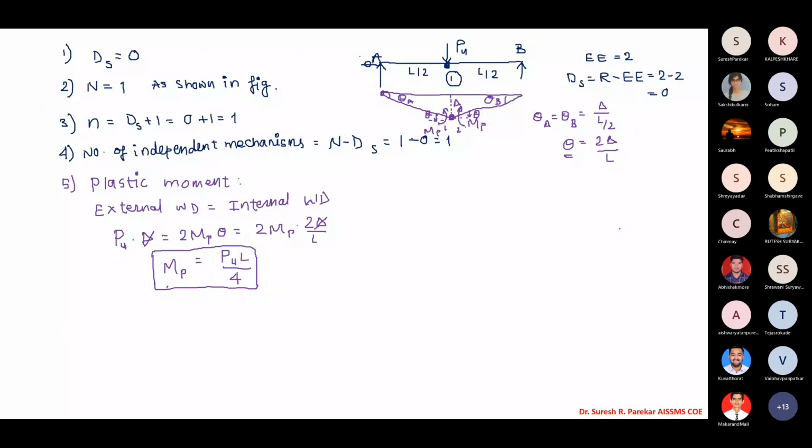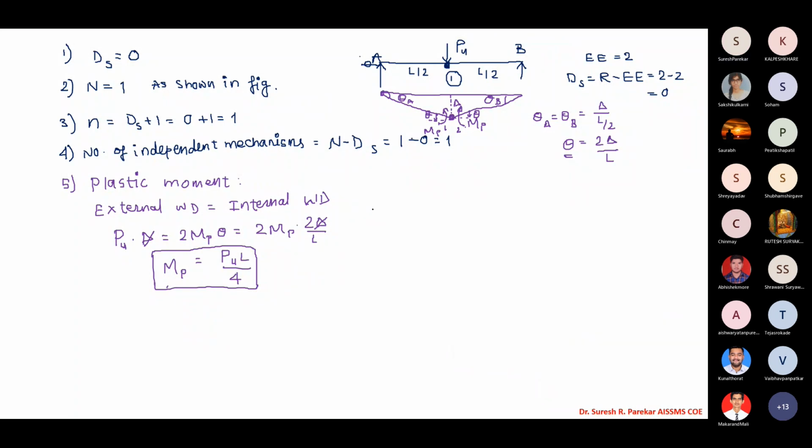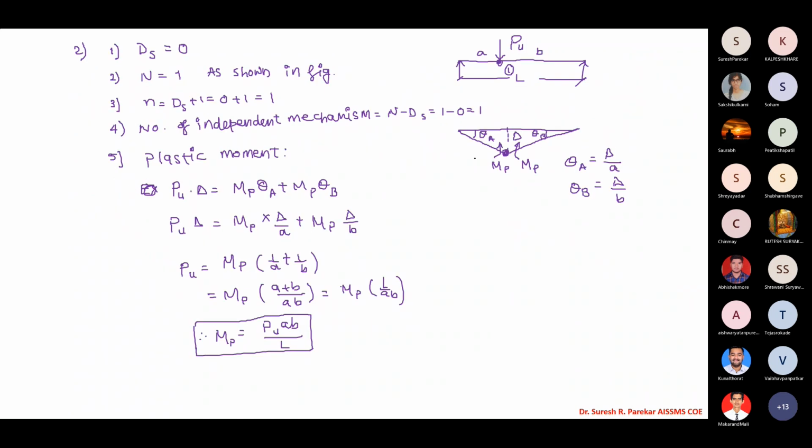आता आधी मी या सगळ्यांच्या BMDs काढतो and then we will go to the next problem. पहिले याची. आपण जसं WL/4 सिम्पली सपोर्टेड ला काढतो सेम डायग्राम आहे, पण इथे व्हॅल्यू लिहायच्या ऐवजी MP लिहितात. नंतर इथे सुद्धा सेम येणार, जसं आपण WAB/L काढतो, फक्त WAB/L लिहिणार नाही आपण.